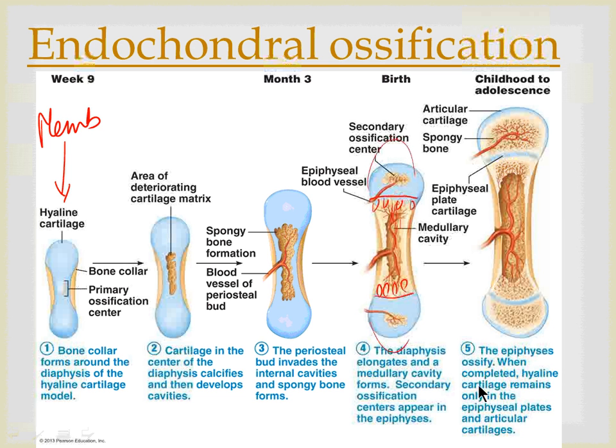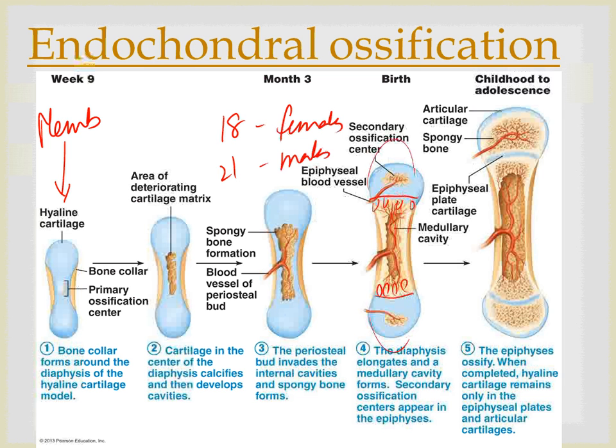Here this epiphyseal plate will continue to be present as long as the child grows. Usually by about 18 years in females and by about 21 years in males, all bones have completely ossified. So we say that those growth plates have fused. How do those growth plates fuse?